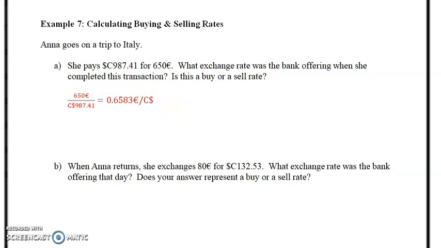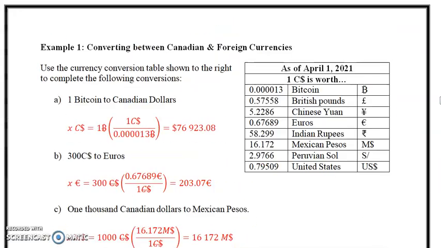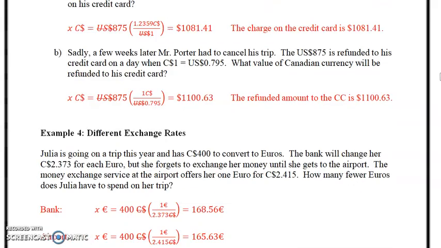So $1 Canadian is equal to 0.6583 euros. If you look at the previous chart we had in example number 1, it's pretty close, so you know you're on the right track.